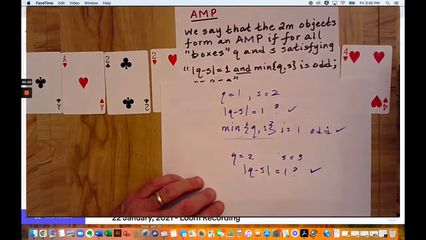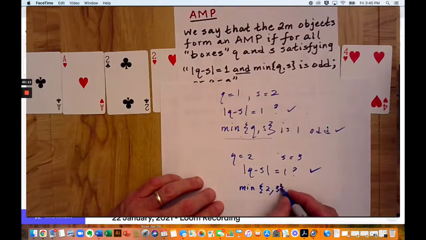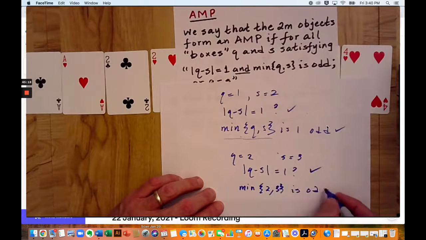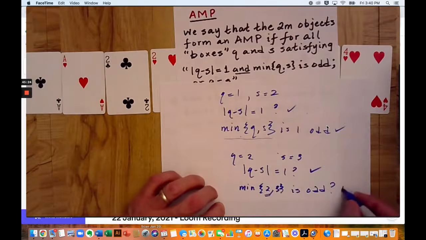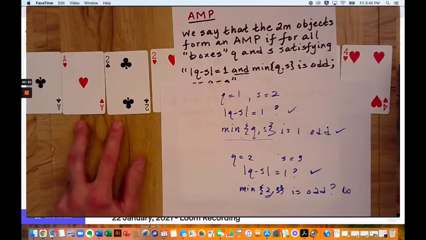So that's why we have an additional restriction. It also needs to be the case that the minimum of Q and S be odd. Minimum is odd. Is that the case? Well, no, it's even. The minimum is 2. Okay, so that prohibits these two from being, quote, related.